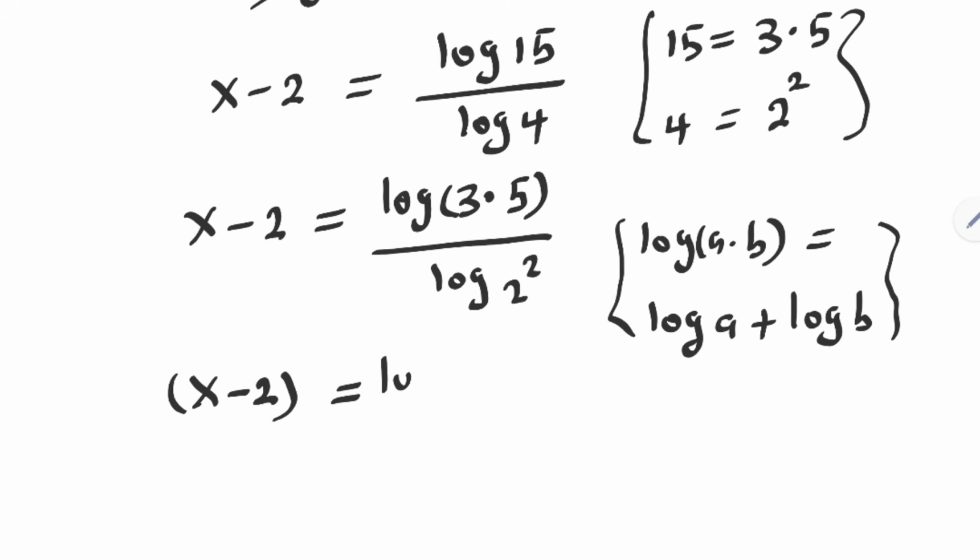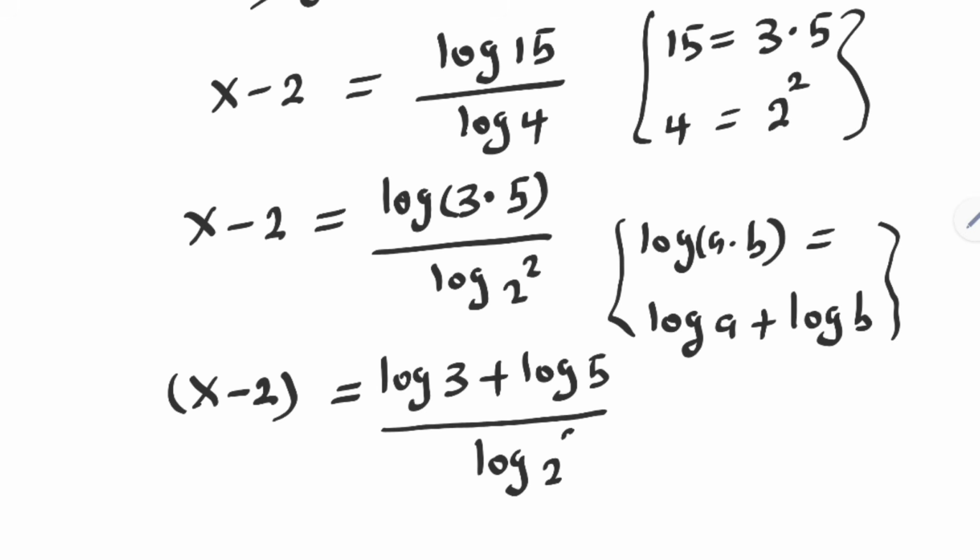We have log 3 plus log 5 all over log 2 square.